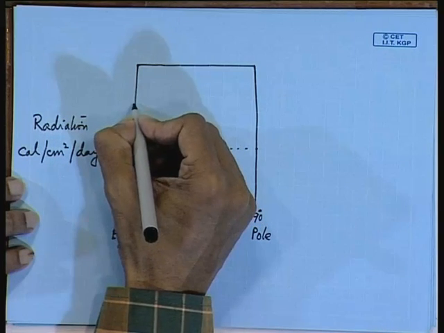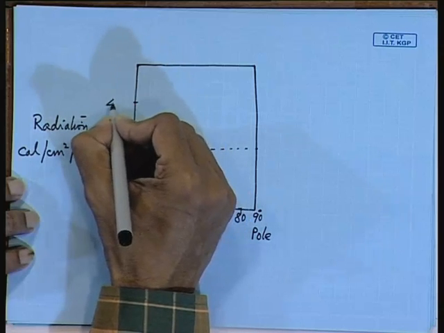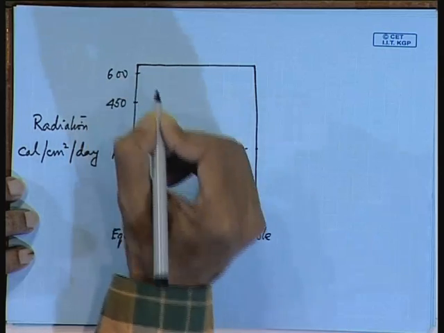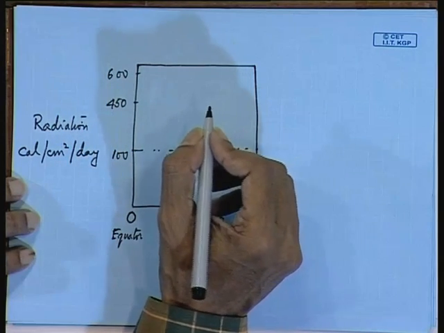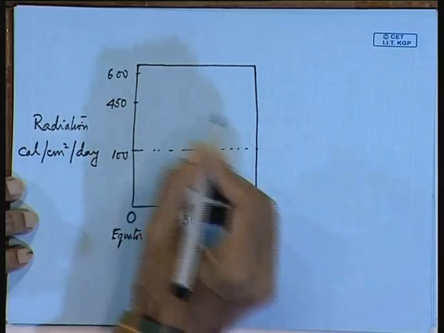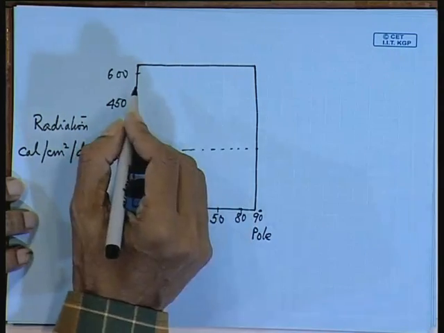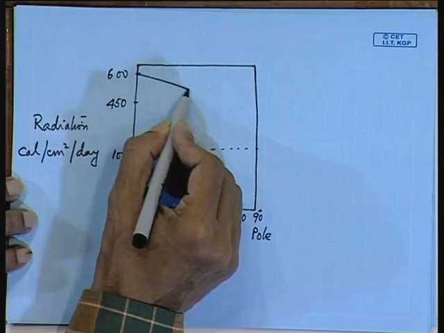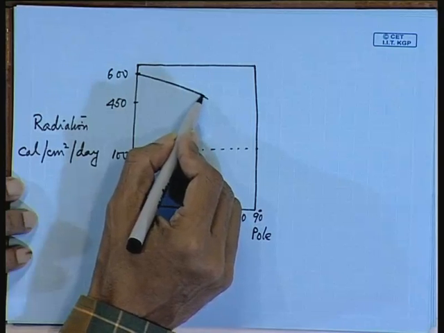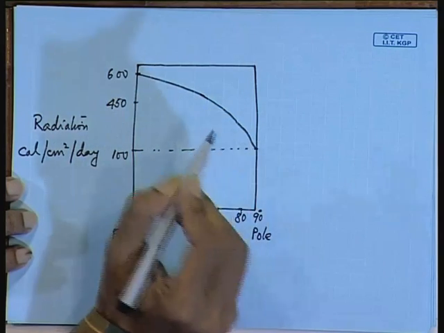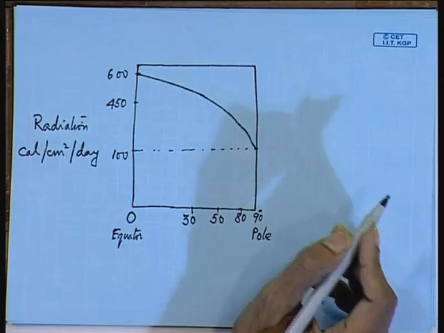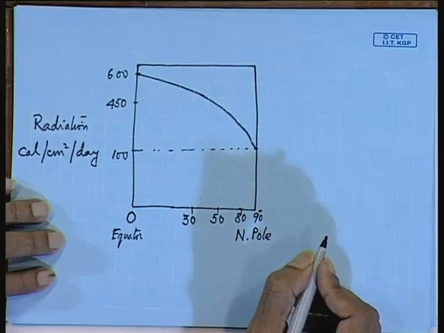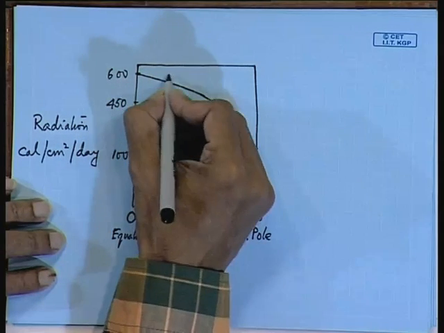Then you have 450, and this is 600. Now, your insolation graph will go like this. From 600 it will start at the equator, this will come down, obviously this is not a straight line, it will come to 100 at the poles, say this is the north pole. So, what is happening? So, this is your insolation.